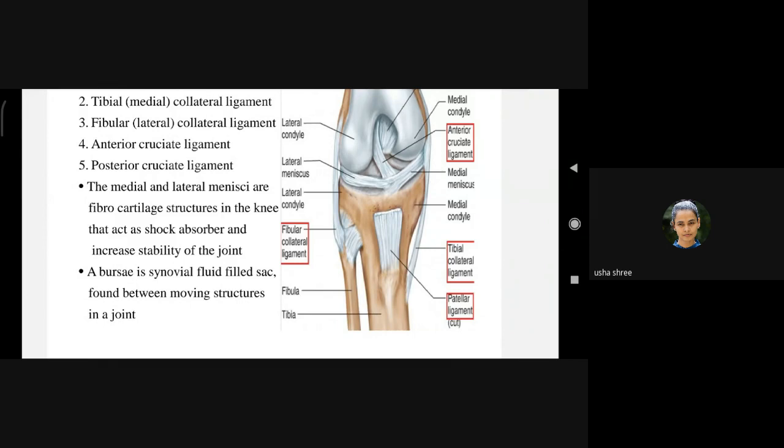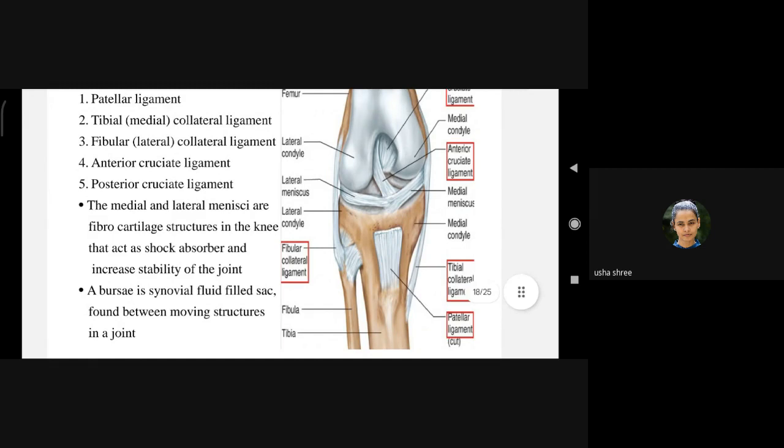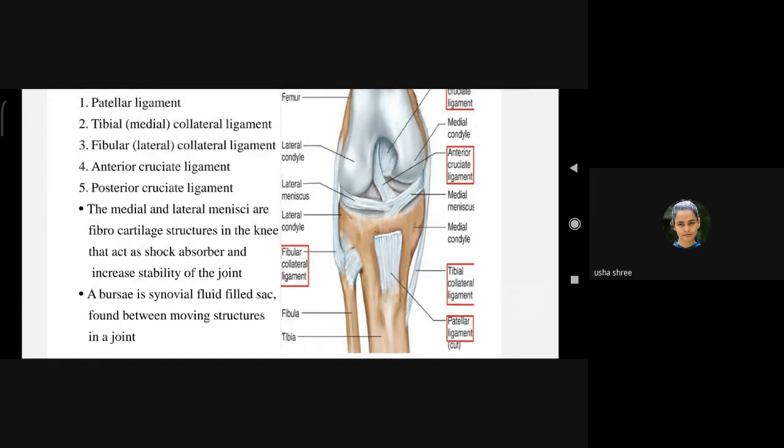These bursae are found in synovial joints in many numbers, not just one, two or three. The number differs in different people, it is not fixed that this many bursae will be found in every human being.